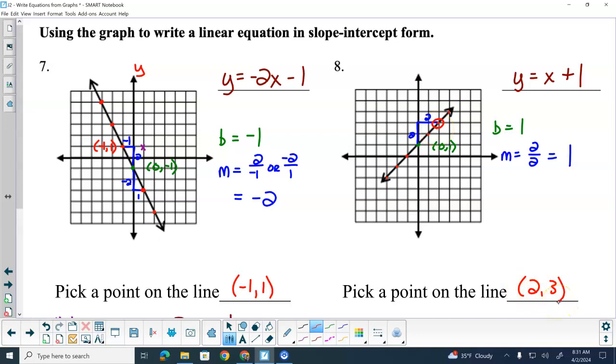So then that's going to be 3 equals 2 plus 1, and 2 plus 1 is 3, and 3 is equal to 3. So yep, that point's on the line, and that's the equation of our line.